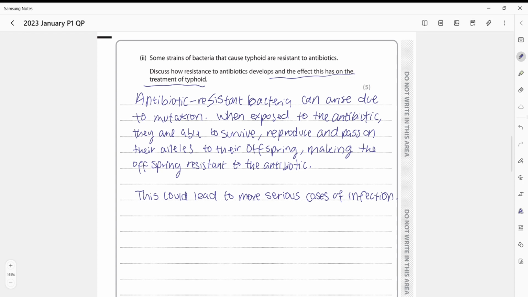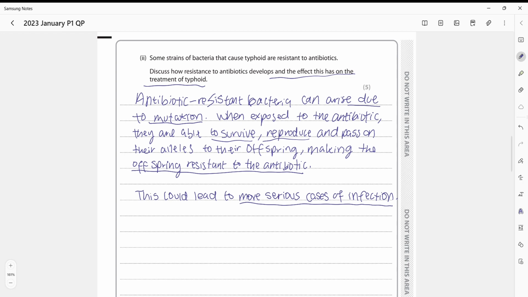Let me see if that's enough marks. So one mark for due to mutation. So antibiotic resistance is due to mutation. They are able to survive. That's another mark. They're able to reproduce. That's a third mark. And their offspring is resistant to the antibiotic. That is a fourth mark. More serious cases of infection will be a fifth mark.